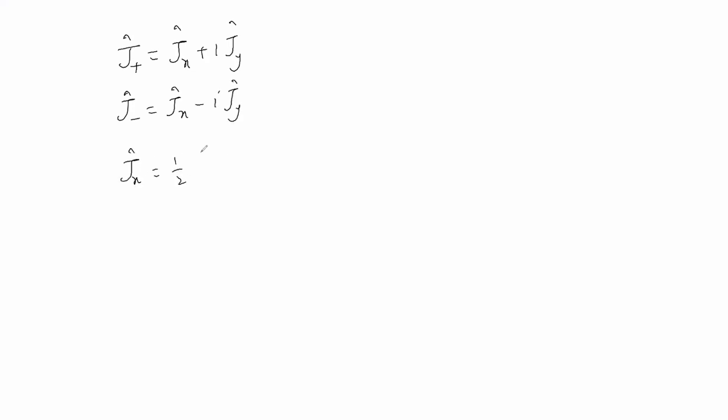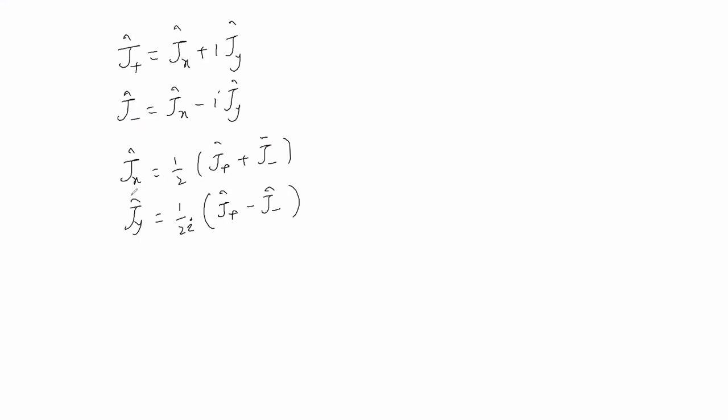We have seen that Jx is half of J plus plus J minus, and similarly Jy, we have seen that this is 1 by how much? 2i. Tell me. J plus minus J minus.